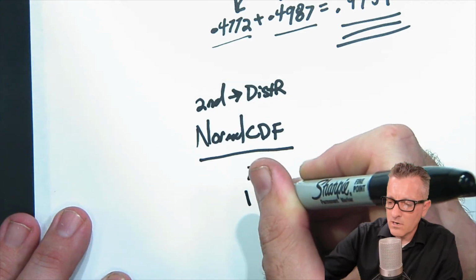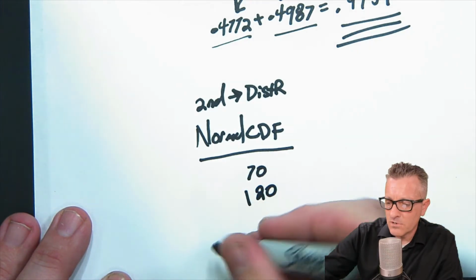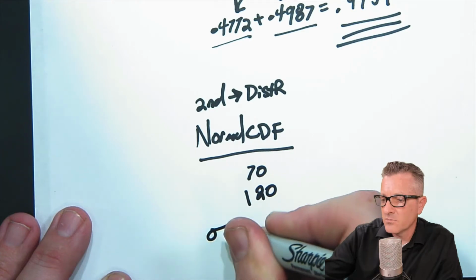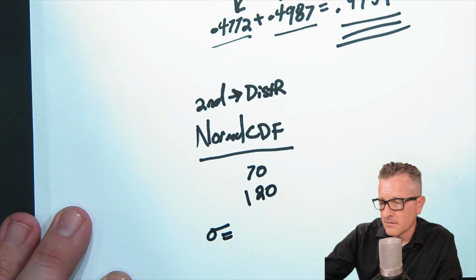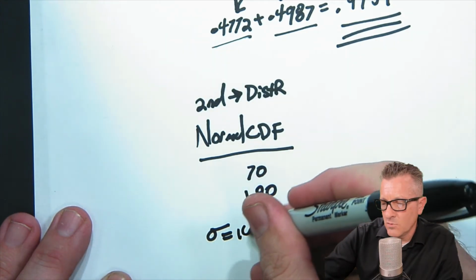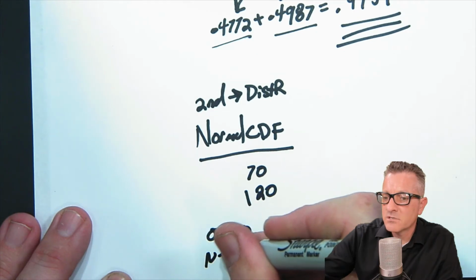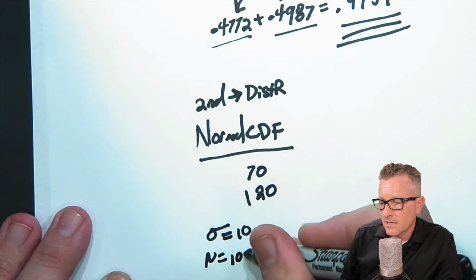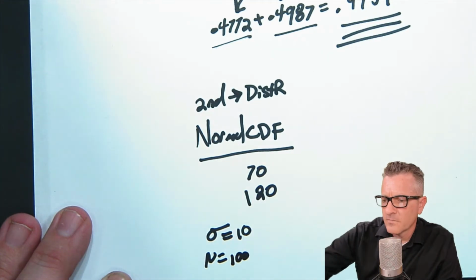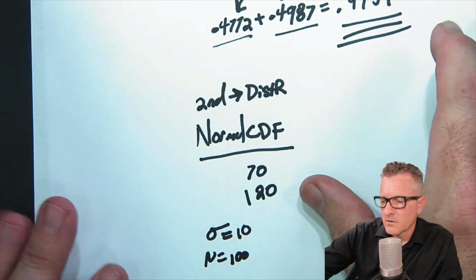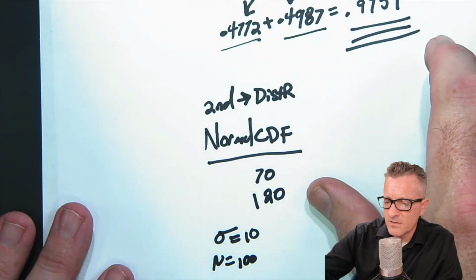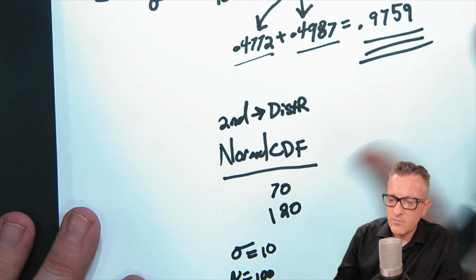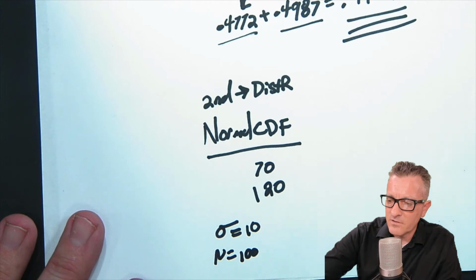Of course, your standard deviation would be 10, and your mu would be 100. And then you would end up getting an answer that's very, very close to this.